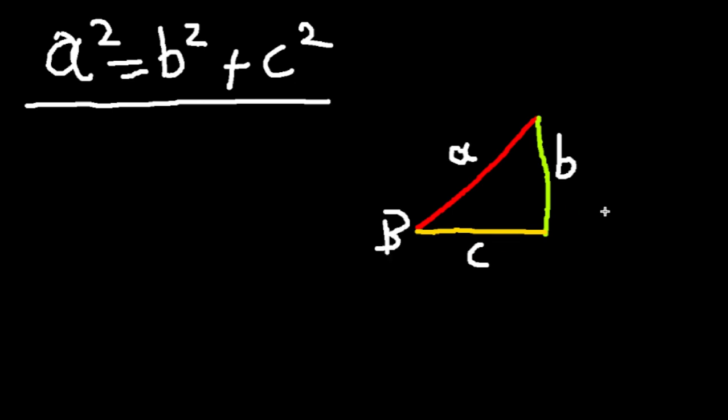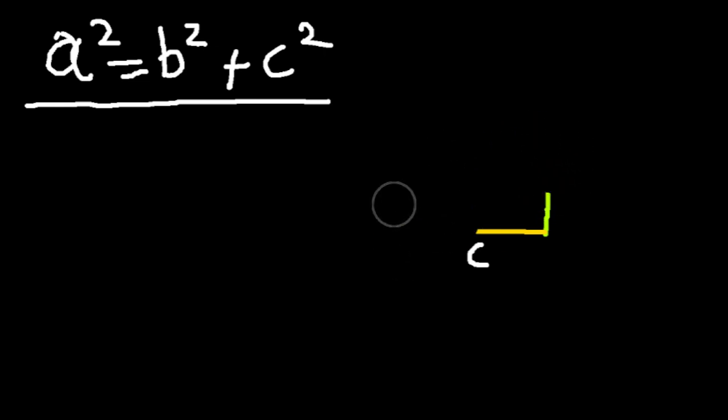Okay, let's now draw a triangle with numbers on it, and let's try calculating a side. So we're going to draw a triangle like this, and this, and this.